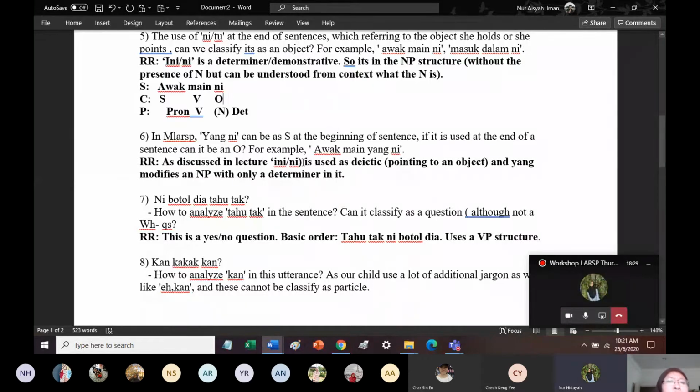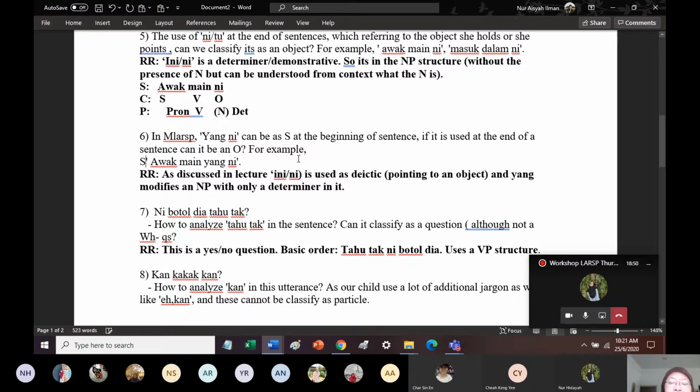Okay, thanks. So number 6 yang ni can be as S at the beginning of a sentence. If it's used at the end of a sentence, can be an O. Awak main yang ni. Oh, I see. Oh, you tanya tu. Oh, is it? Oh, yeah. You see, awak main yang ni.